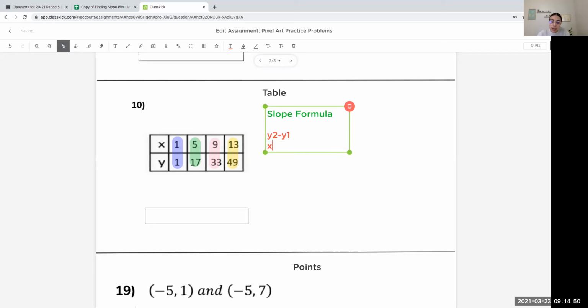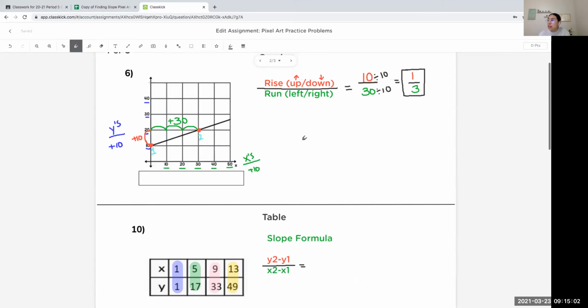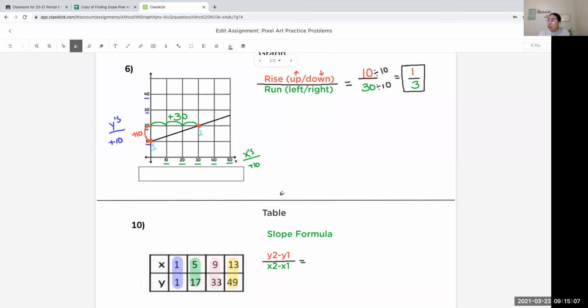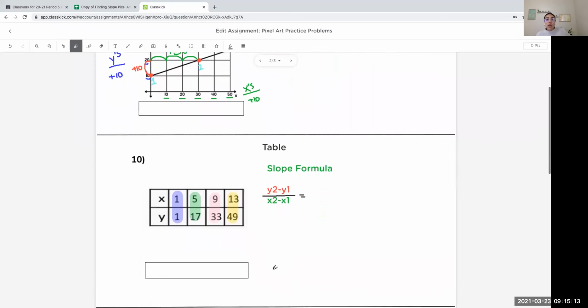And we take our second x and subtract our first x on the bottom of our fraction. So this is still a fraction, just like our fraction up here. We still are looking at our rise, but we can subtract the y's, and we are still looking at a run, but we can subtract our x's.